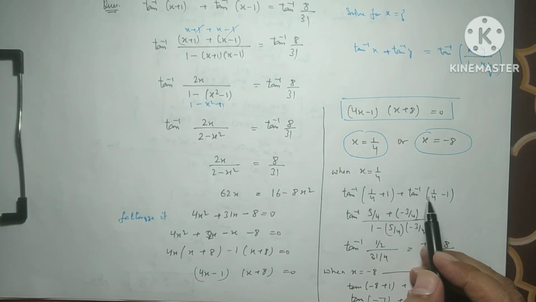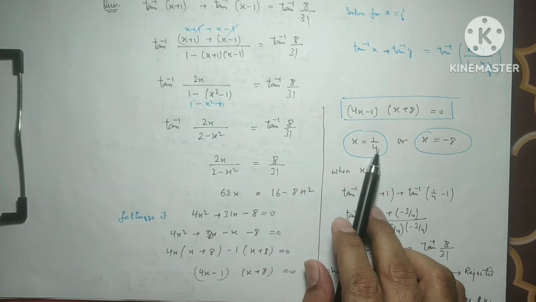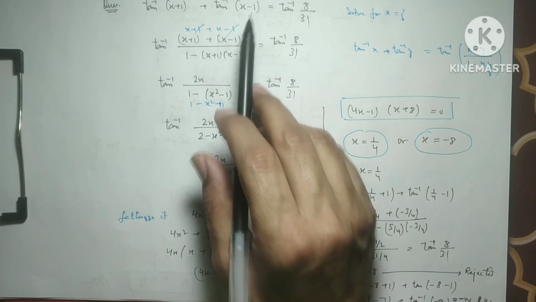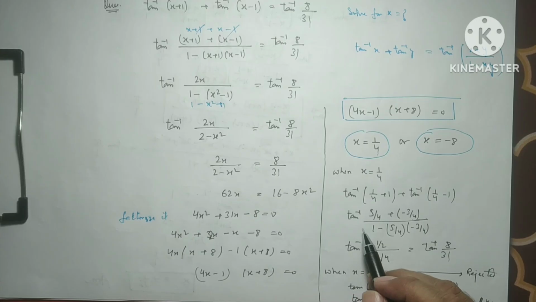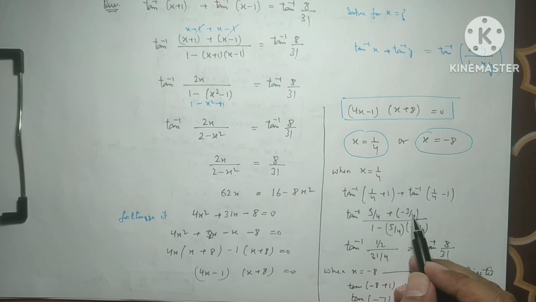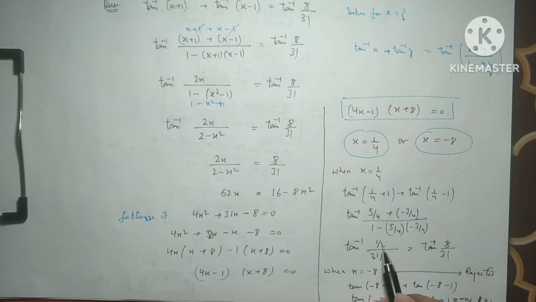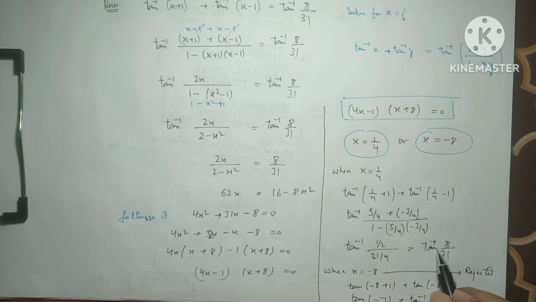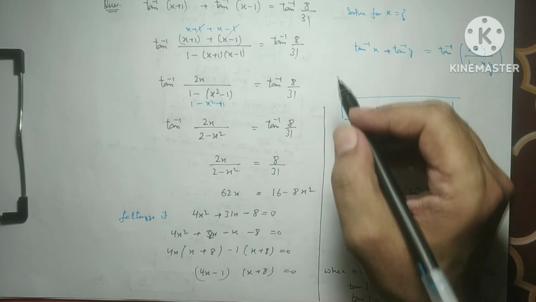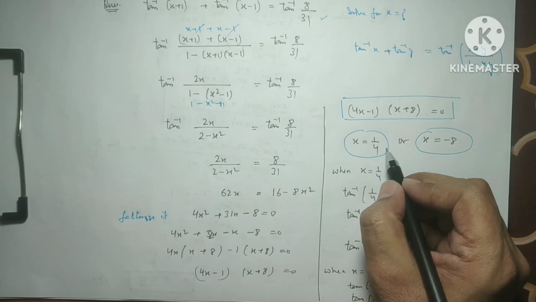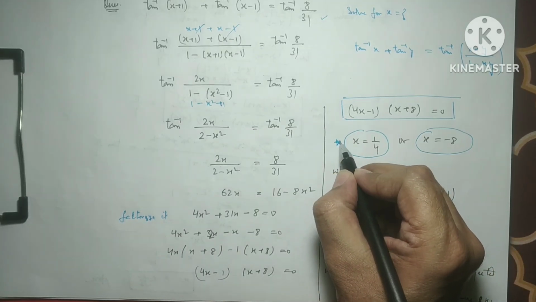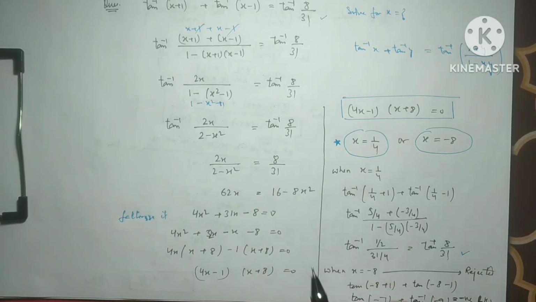And in case of x minus 1, when we put 1 by 4, 1 by 4 minus 1 is minus 3 by 4. So right now we will place this, tan inverse 5 by 4 minus 3 by 4, and on solving this we get tan inverse 8 by 31, which is our required result. So we can say this value satisfies the given equation.